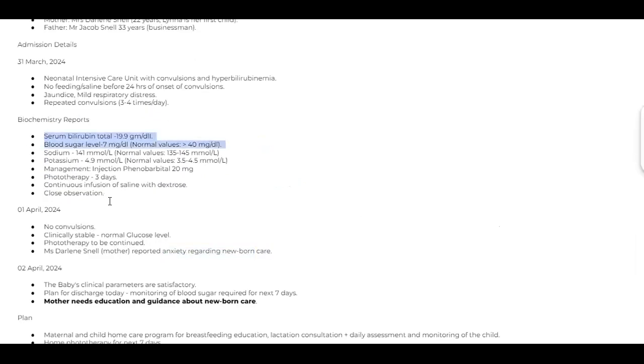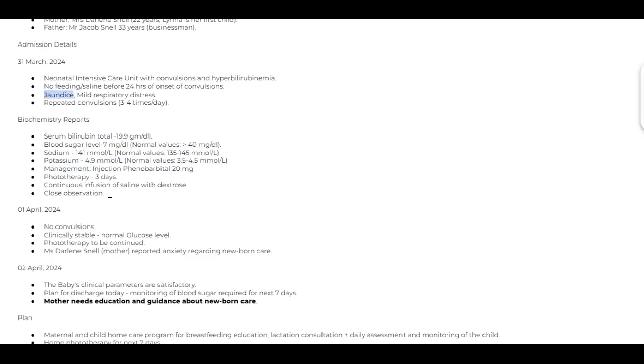Okay, now look at this one. Jaundice was there, mild respiratory distress was there, repeated convulsions. Can somebody tell me what was the baby's problem in one word? Do you simply want to say postnatal complications or do you want to say something specifically? Anybody? Jaundice. Just jaundice, mild.